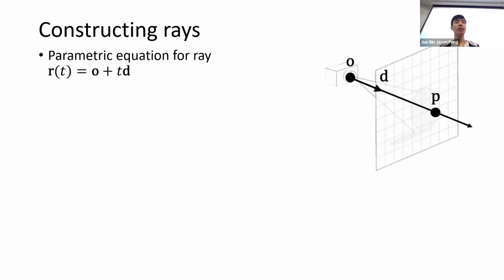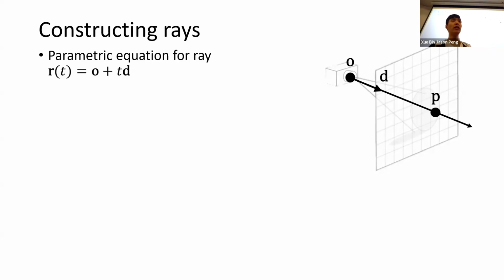So R(t) here is a representation of our ray, where t specifies a distance from the origin. Given a particular distance t, R(t) is going to give us a point along the ray that is t units away from the origin.